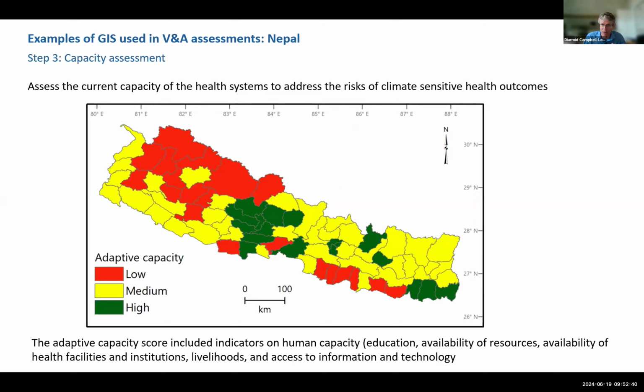So this is an example from Nepal, where they mapped the indicators of human capacity, things like educational resources, availability of financial resources, availability of health facilities and institutions, and so on, in order to determine what those underlying causes of vulnerability to climate risks may be and how they were distributed in the country.